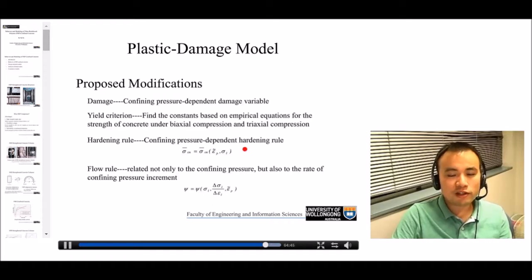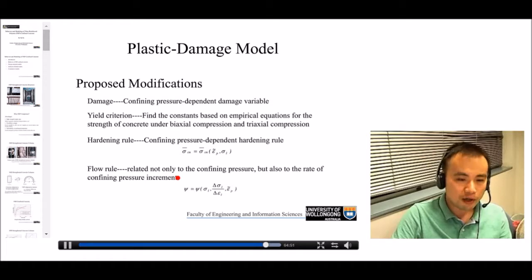So based on a similar concept, we need to make some modifications of the CDP model in Abaqus. For the plasticity part, we just do the same as what we did for the plasticity model. And for the damage component, we make it confining pressure dependent.